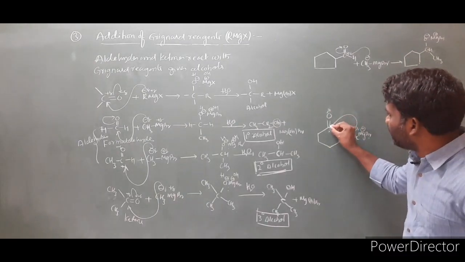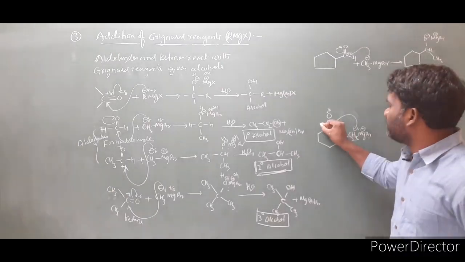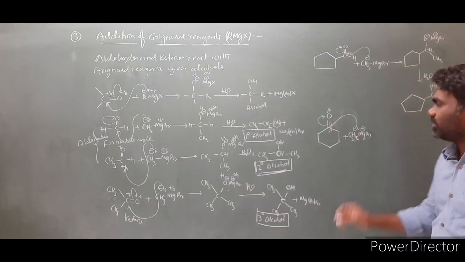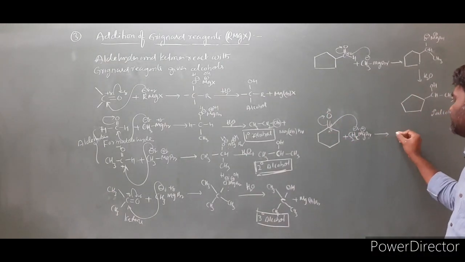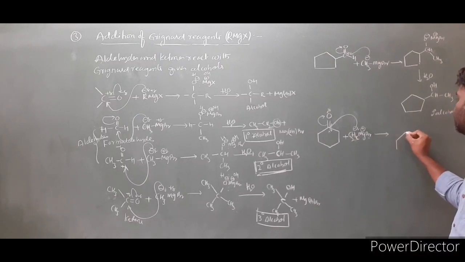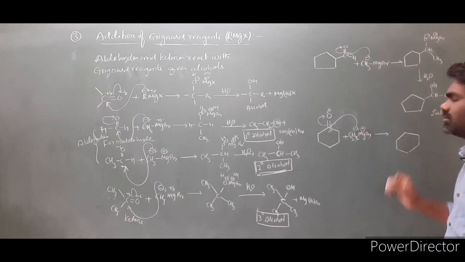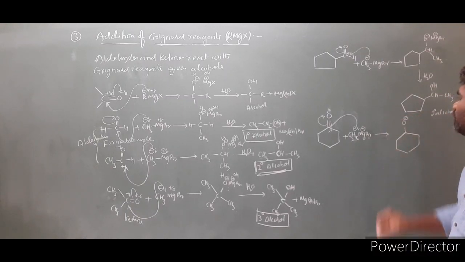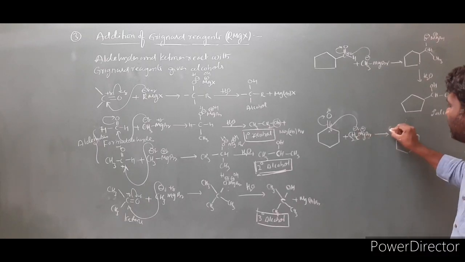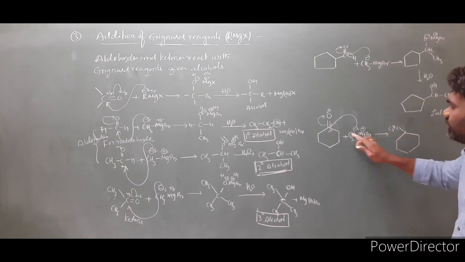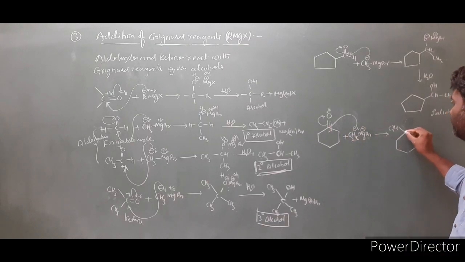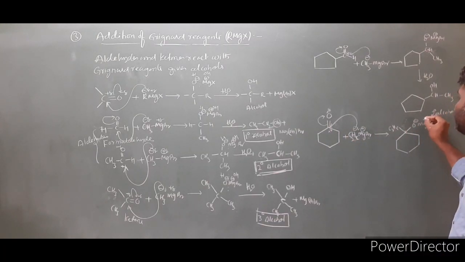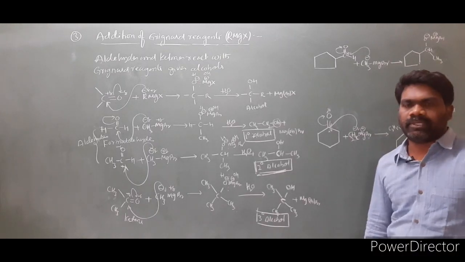This will attack upon this carbon, and this bond is going to get polarized to here. Then the product we can expect is this one, and this will be O minus. I am writing this C2H5 attacking here, then O minus MgBr with the positive charge.